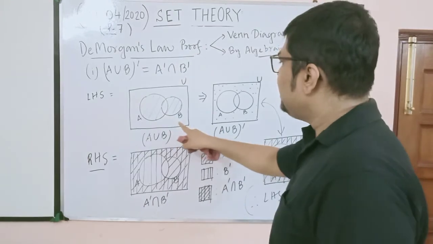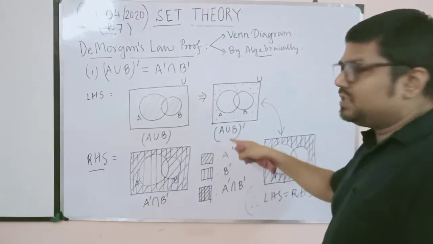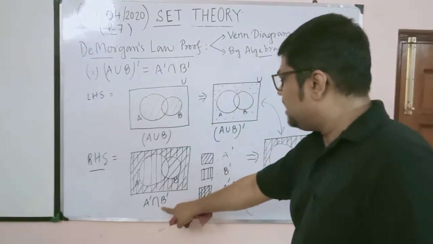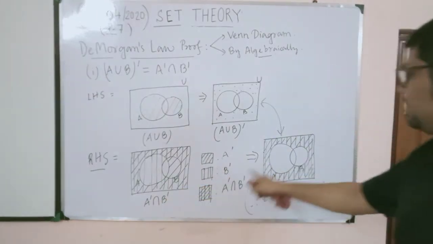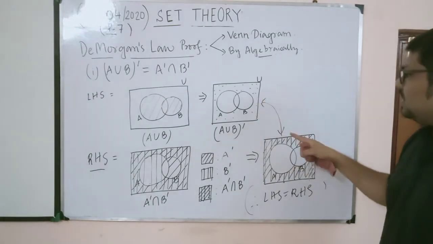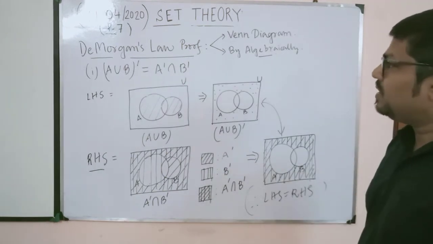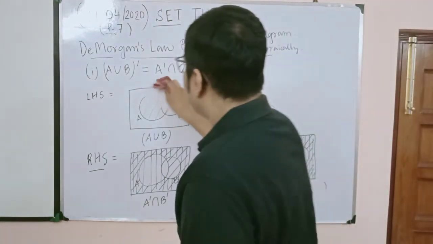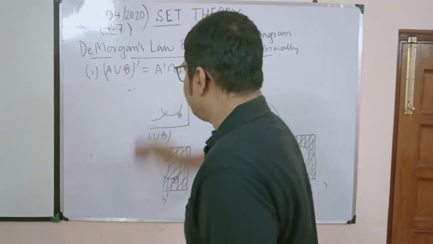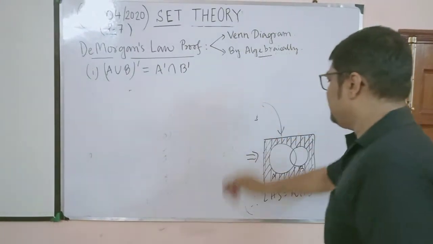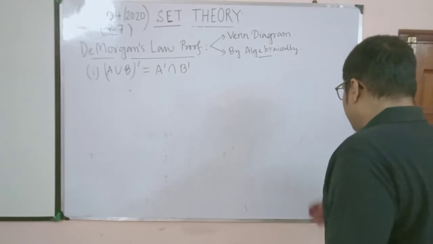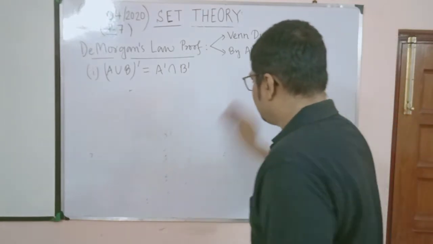These are A and B, and this is the part outside A and B, which is A union B whole dashed, and here you got the same thing, A dashed intersection B dashed. See, both the diagrams are the same. So the law is justified, it's proved. Okay, let us do the same thing by the algebraic approach.